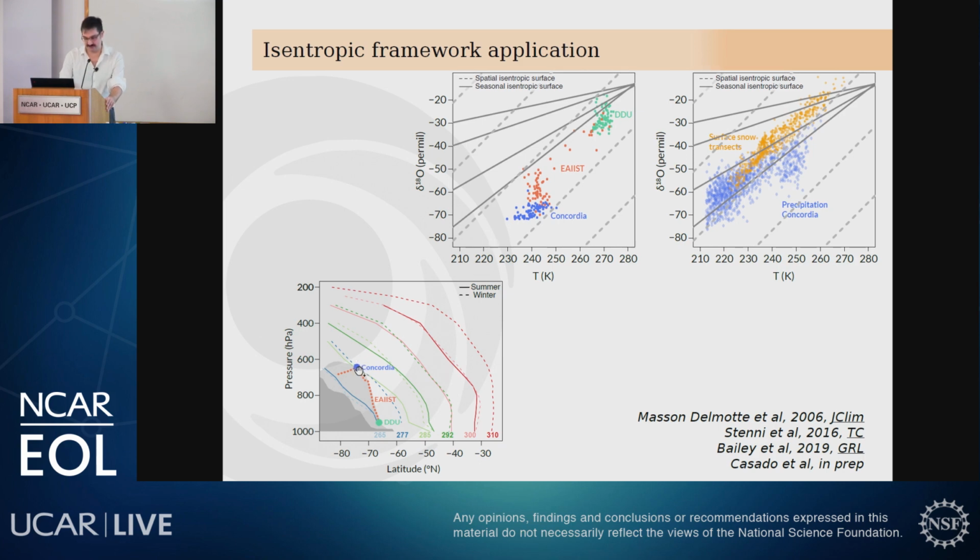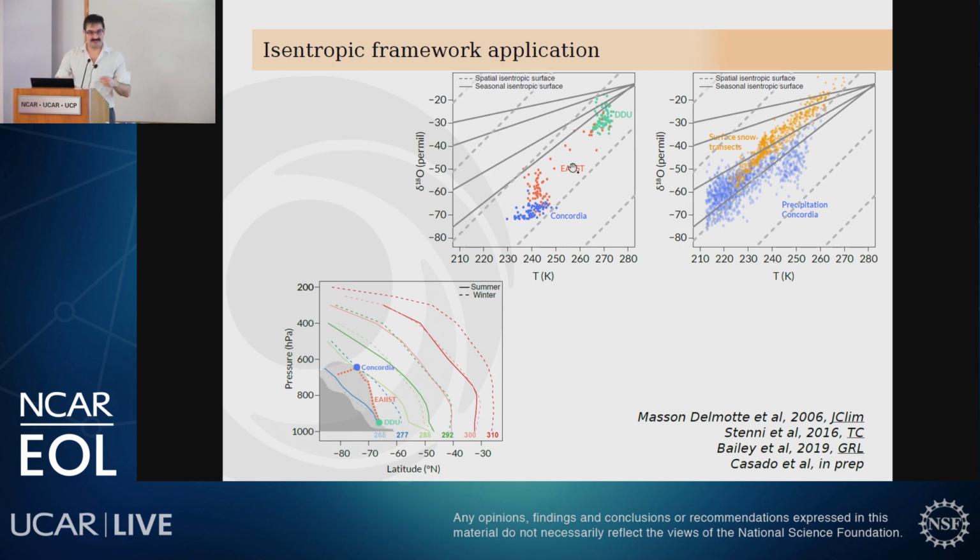You go from the light green to the dark blue surface. This means that when you change temperature and isotopic composition, you would follow those solid lines. This might seem a very complicated explanation, but it was actually a very cool way to add one extra degree of complexity to the problem.